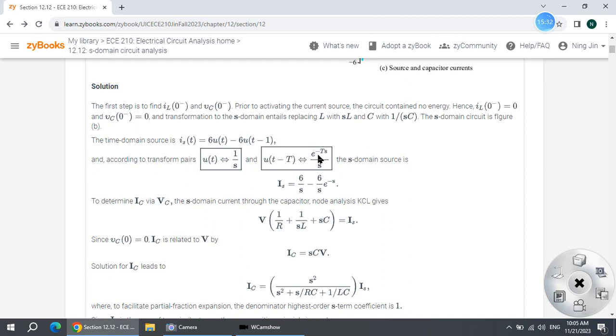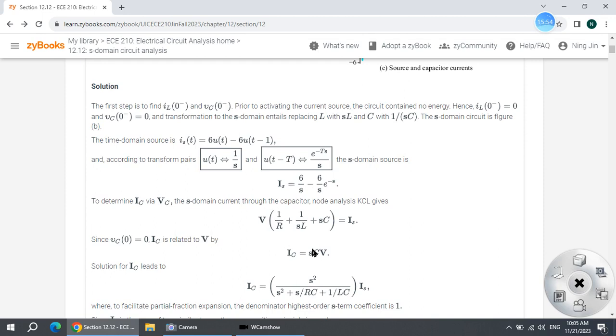So e to the negative S over S times 6. So this is IS. Let me copy what IS is in my paper: IS equals 6 over S minus 6 over S e to the negative S.